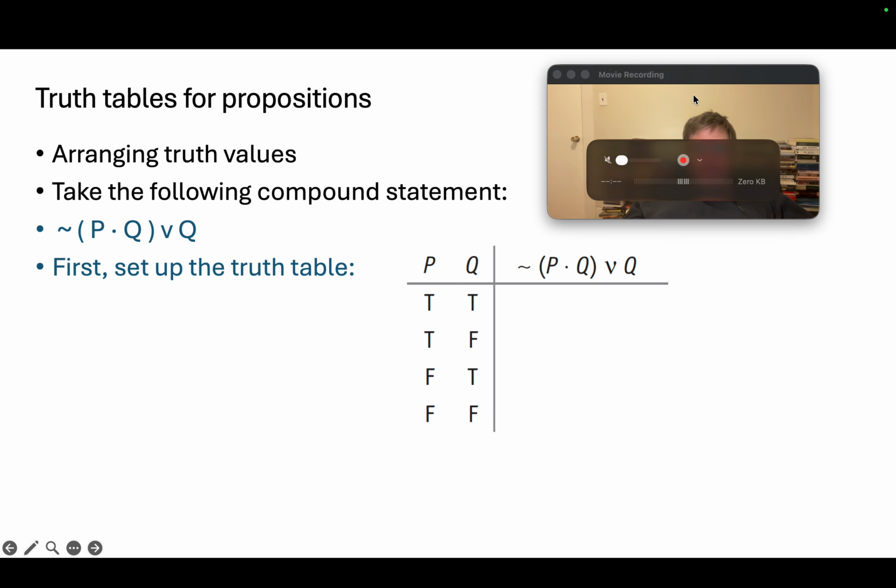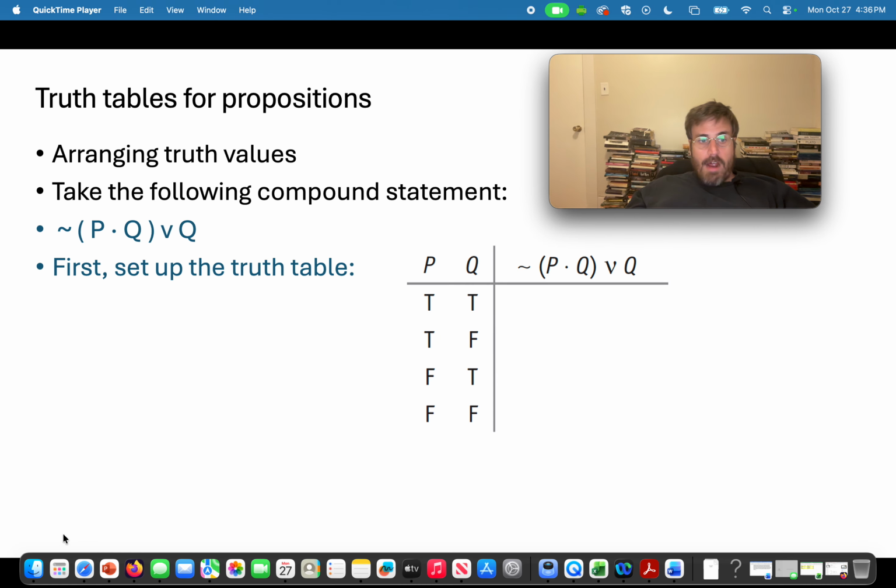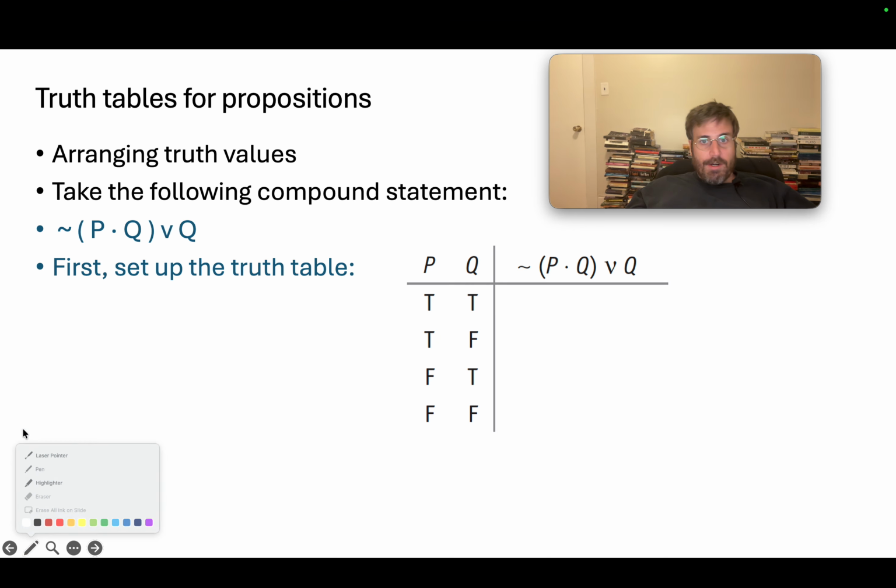So again, we are going to set off our reference tables here to the left. Remember, the reference table is just going to give us an arrangement of the possible truth values for the 2 variables P and Q. Because we have only 2 variables here, we only need 4 lines. 2 raised to the power of 2 equals 4.